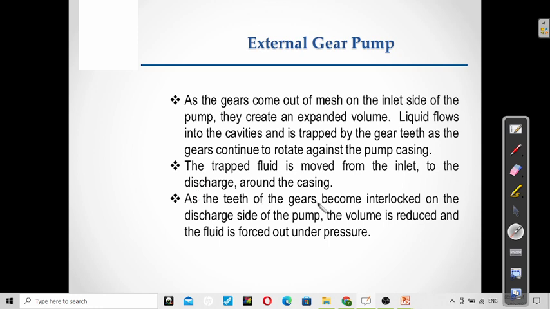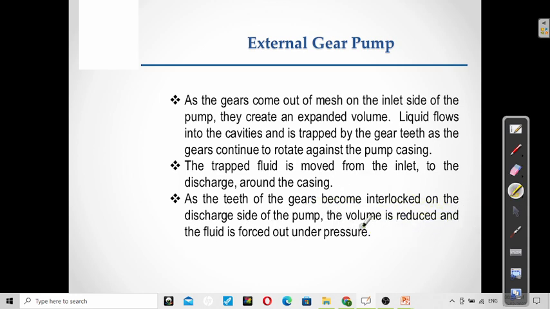As the teeth of the gears become interlocked on the discharge side of the pump, the volume is reduced and the fluid is forced out under pressure. Here is the main thing: as the teeth interlock on the discharge side, the volume is reduced and it will have pressure.